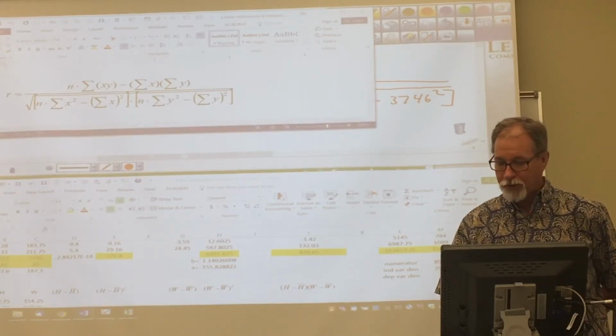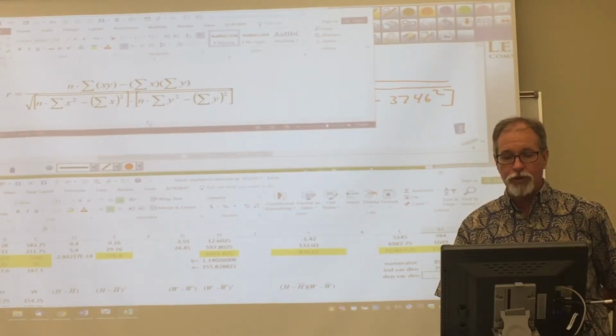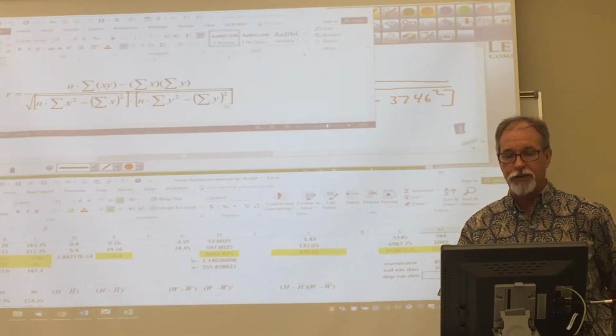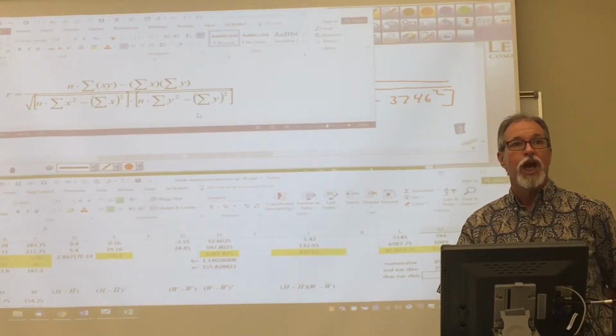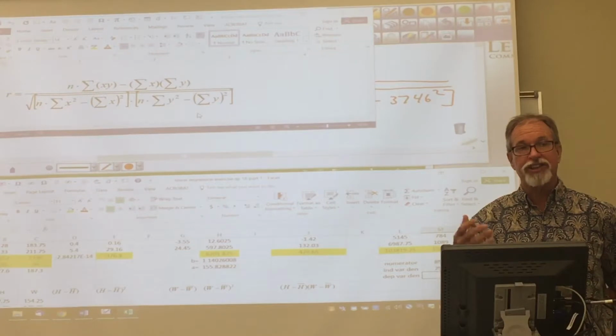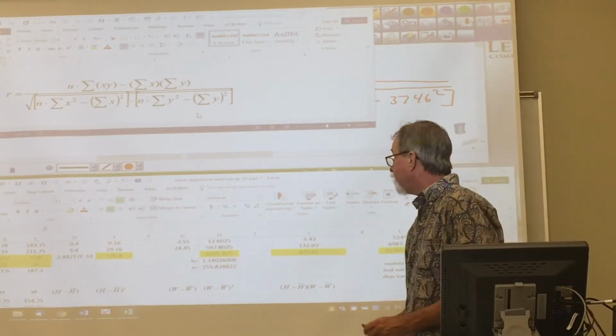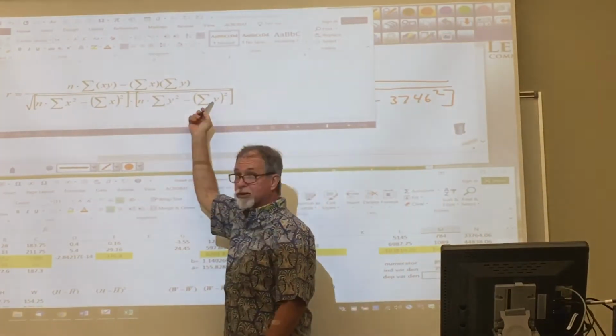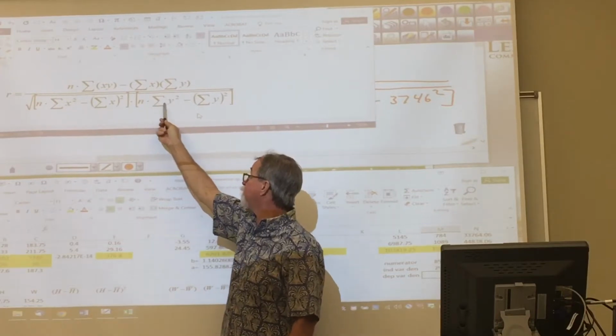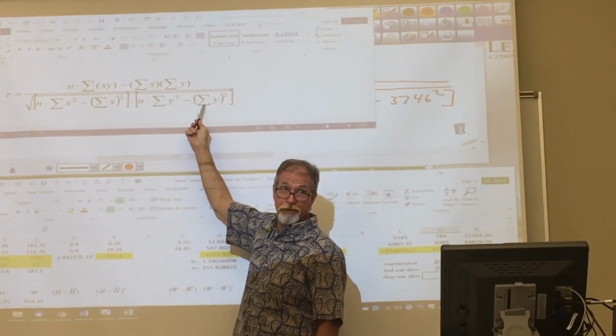So there's that part. So now what I'm doing is this piece right here. Again, I just have to find that. How many different numbers are here? I got 20 times something minus something squared.